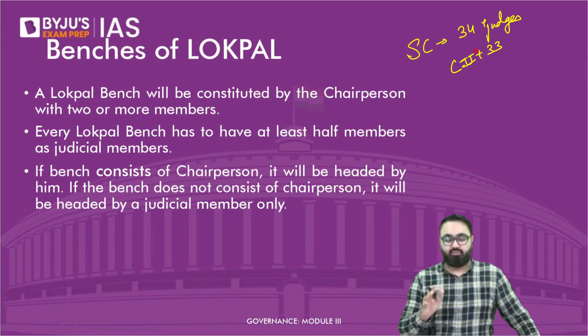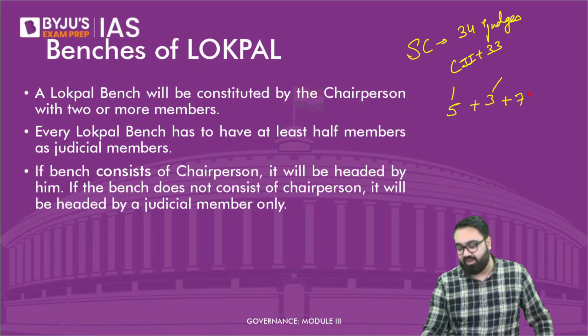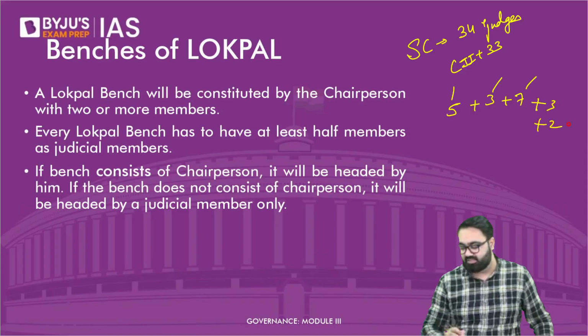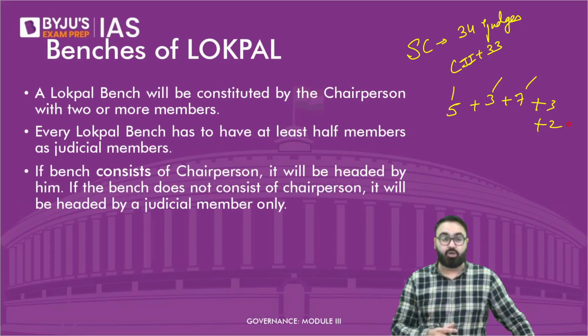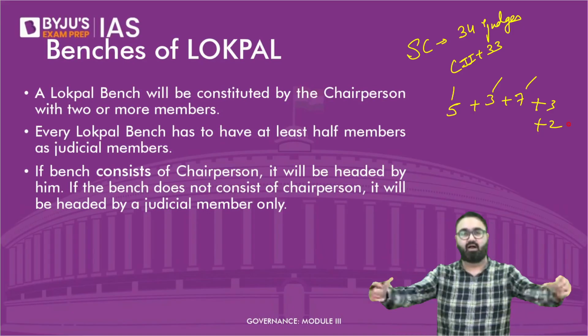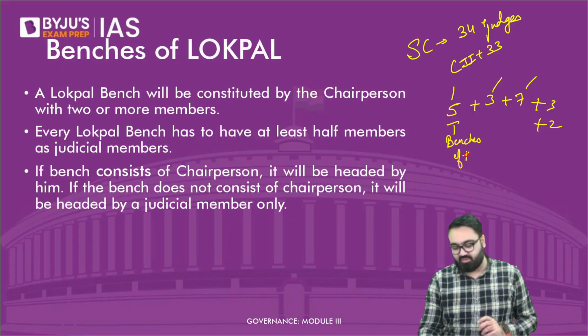No. For example, 5 judges will hear one case, 3 judges will be hearing some other case, 7 some other case, 3 another, 2 might be hearing yet another. That is how it works. So at one point of time in the Supreme Court, multiple cases are being heard by multiple benches. These are called benches of the Supreme Court.